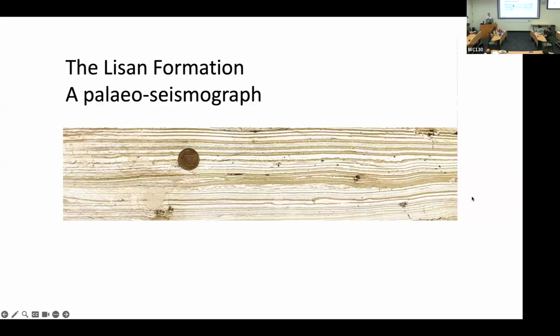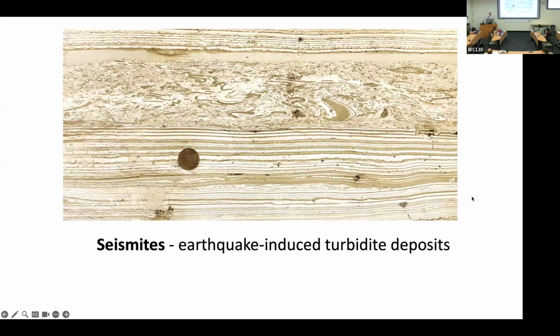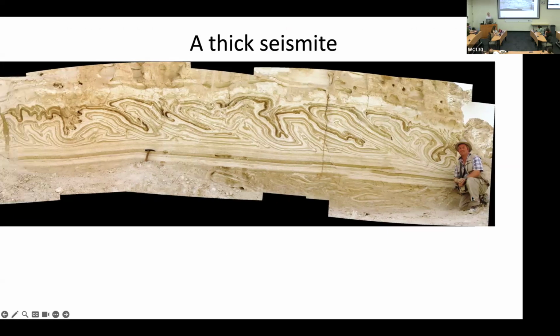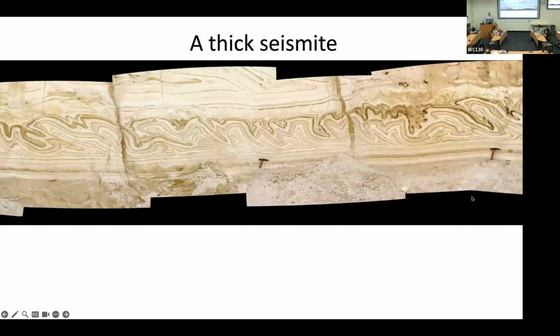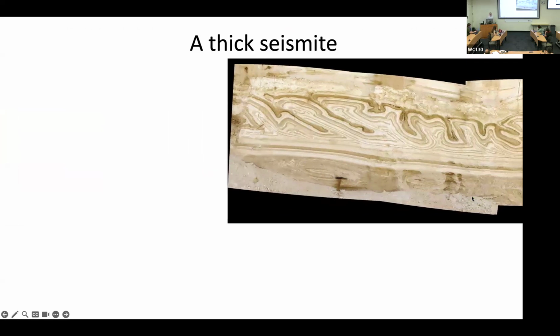So we have this nice lamina, and then there is a shaking, and we can see this breccia as a result of this. And this is an example of a seismite layer like that, where it's all broken. Here's another example of a nice seismite that can go for a pretty long distance.